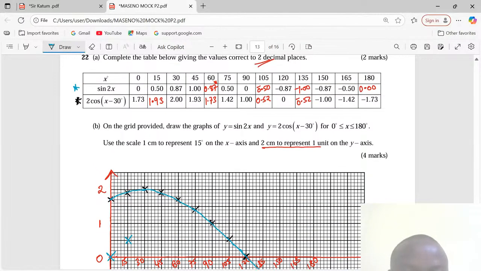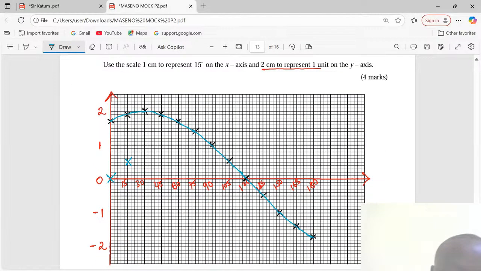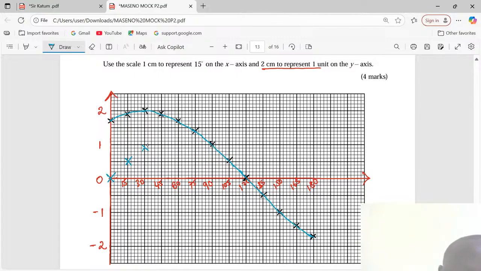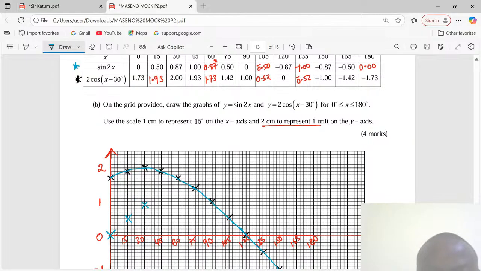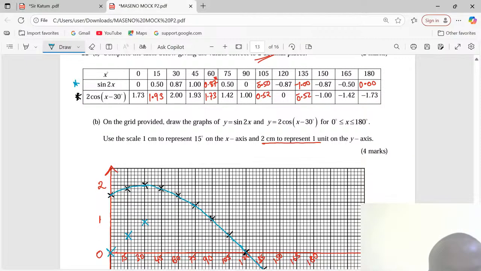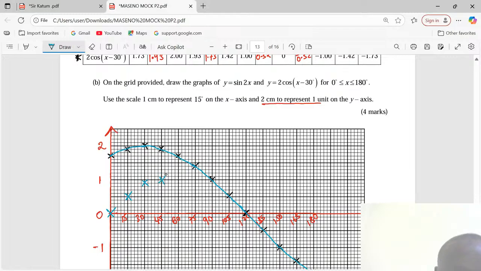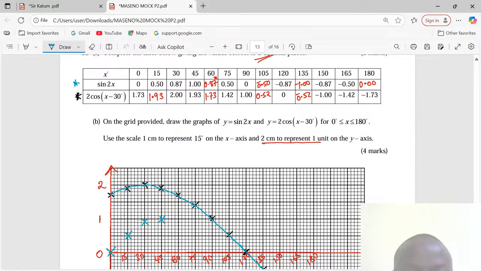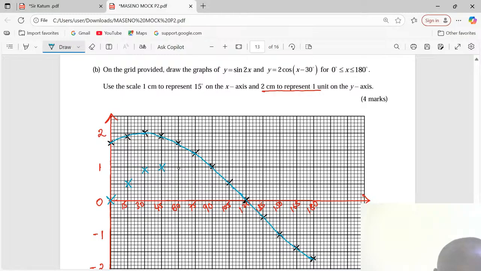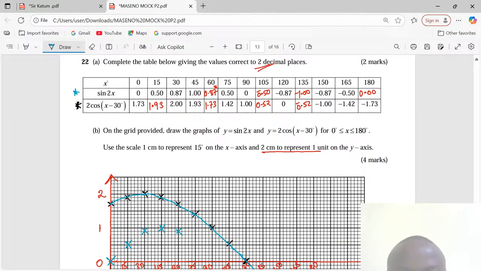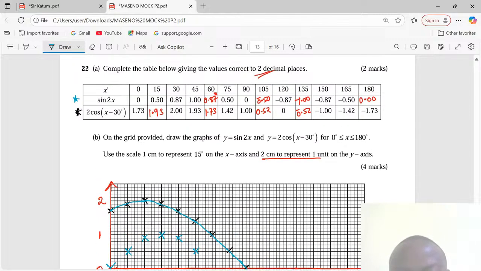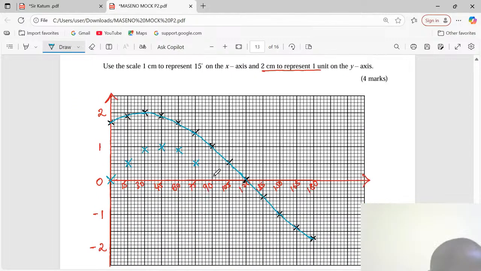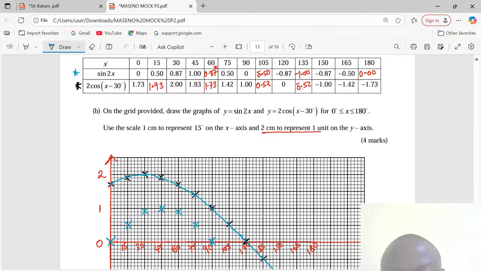We are talking about 30 and 0.9, just below 1. 45 and 1.0, sorry. Exactly 1. 60 and 0.9. 75, 0.5. 90, 0.